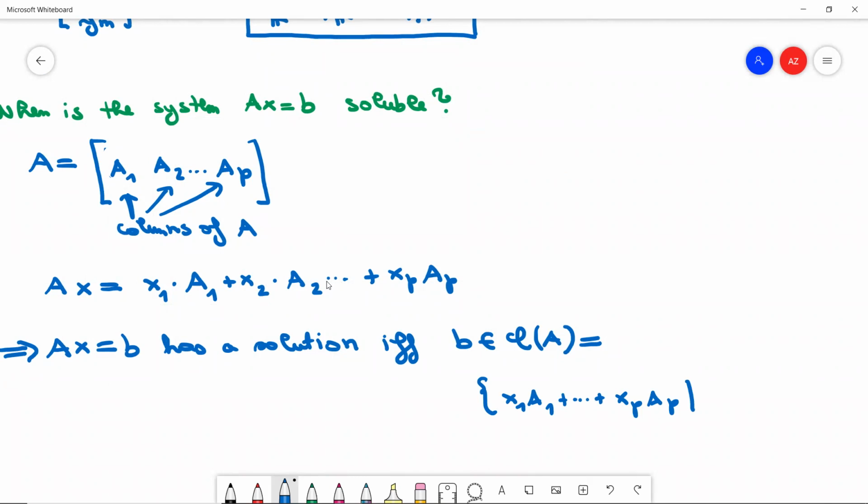And here the x's vary, so x1 up to xp are real numbers. And we say this C(A) is the column space.